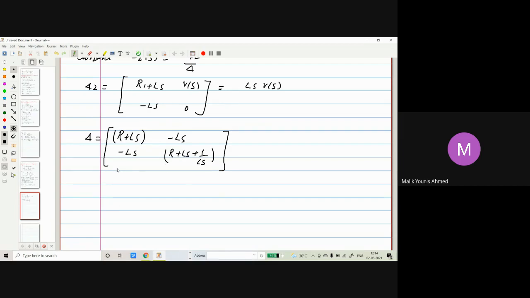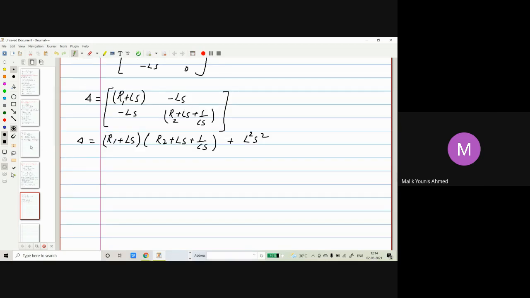Delta will be, this is R1 and this is, just a second, this is what? This is R2. Yeah. Okay. So delta will be R1 plus LS multiplied by R2 plus LS plus 1 by CS, minus minus plus will be L square S square. Okay. So let us further simplify this delta.